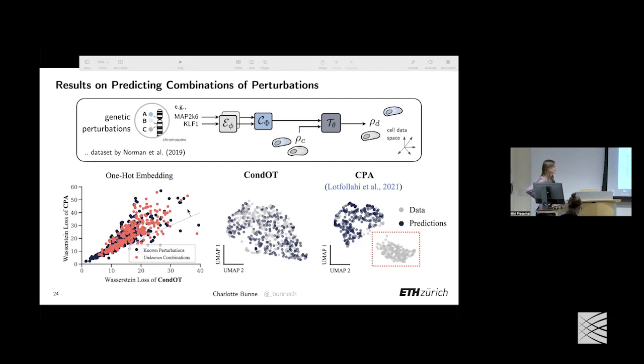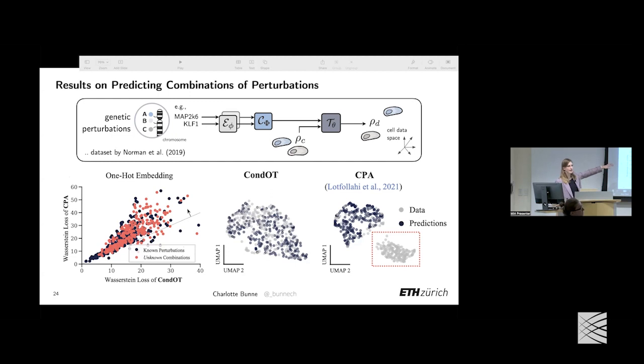I spoke a bit to the authors of CPA. There's also a V2 of CPA. I mean, it has a lot of components, right? It has an embedding of the drugs, it has some adversaries, it has the autoencoder itself. So it's very difficult to understand which part of the model is the problem.